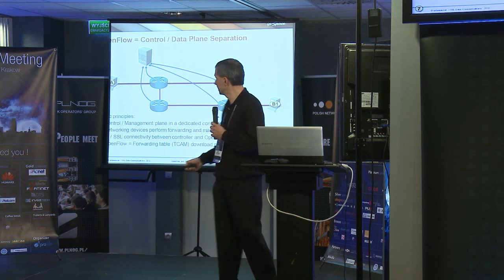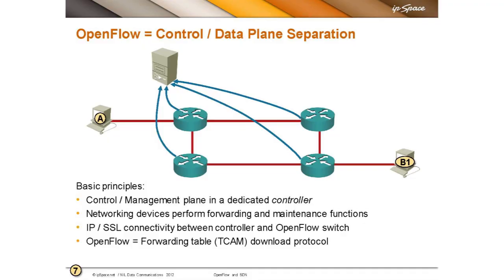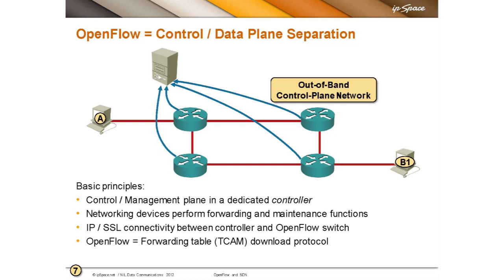And of course, these devices have to connect to the controller first. And this is done over a TCP session, running usually TLS or SSL, however you want to call it, so that these sessions are encrypted. Otherwise, that would be a great mechanism to break into the network and totally wreck it. And of course, people that are smart do this on an out-of-band control plane network.